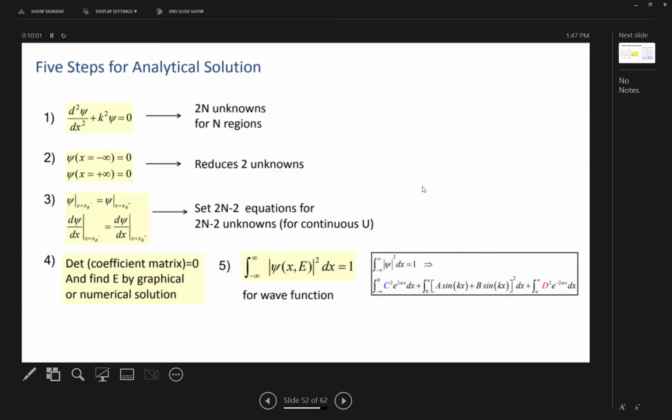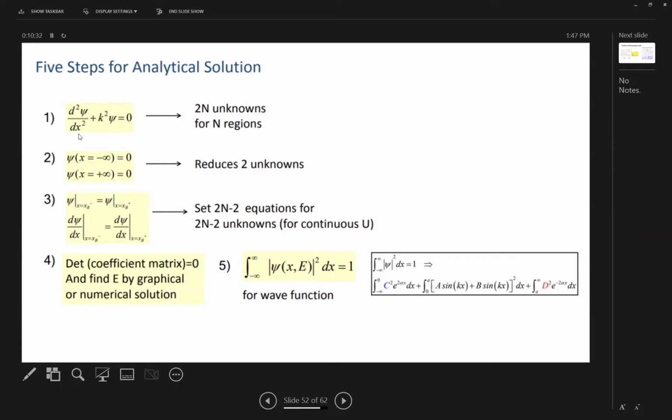All right. So in total, there are a few specific steps in order to solve this problem of wave functions. Okay. The first step is you start with the wave equation or Schrodinger equation, which is written in the first step. Okay, d square psi by dx square plus k square psi is equal to 0, where k is the wave number.